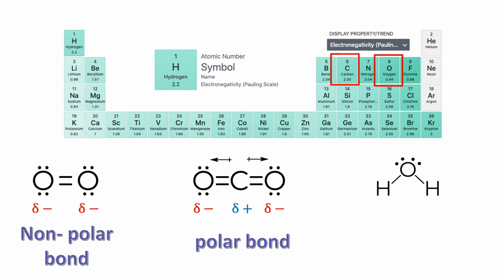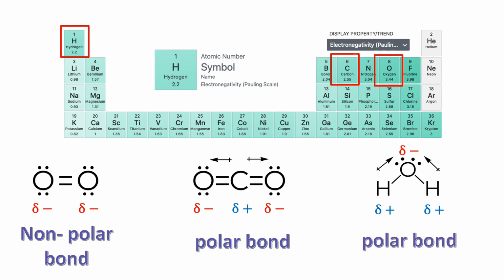Water has oxygen and hydrogen atoms bonded together, and this causes electronegativity differences. Since oxygen is more electronegative than hydrogen, oxygen pulls the electron density stronger towards itself, making the electron density unequally distributed. So, the water molecule has a polar bond.